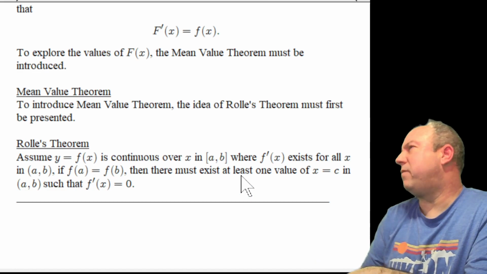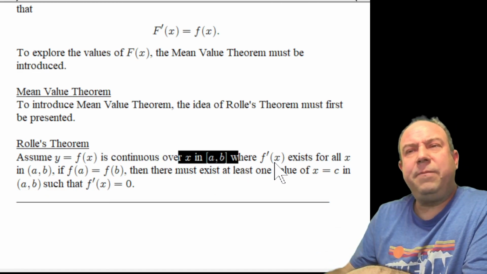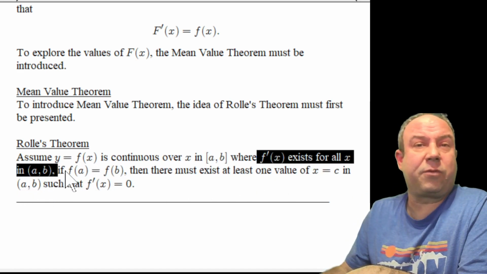Assume that y equals f of x is continuous over values of x in the interval from a to b, where the first derivative does exist for all x in that interval, meaning it is differentiable in that interval.